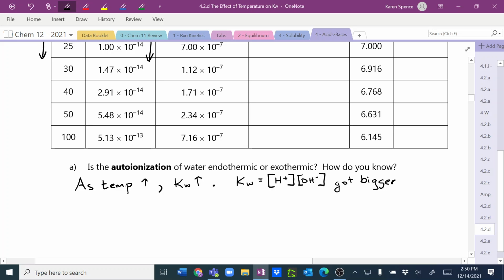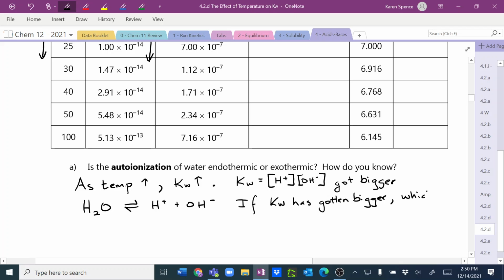Now, if we write the auto-ionization of water, and I'm going to write the simplified form because why not? If Kw has gotten bigger, which way has the equilibrium shifted? Left?